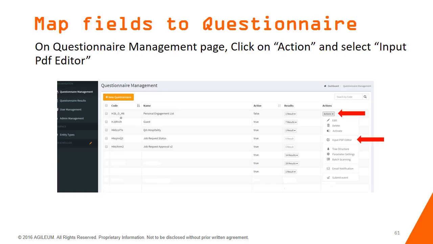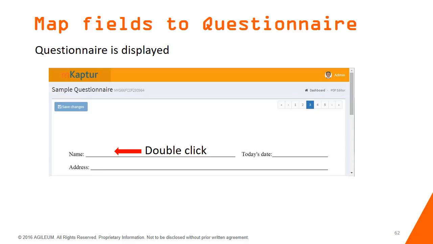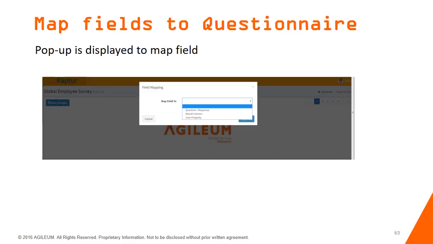To map fields on questionnaire. On the questionnaire management page, click on Action, and select Input PDF Editor. Once questionnaire is loaded, double-click on field to be mapped. A pop-up is displayed.